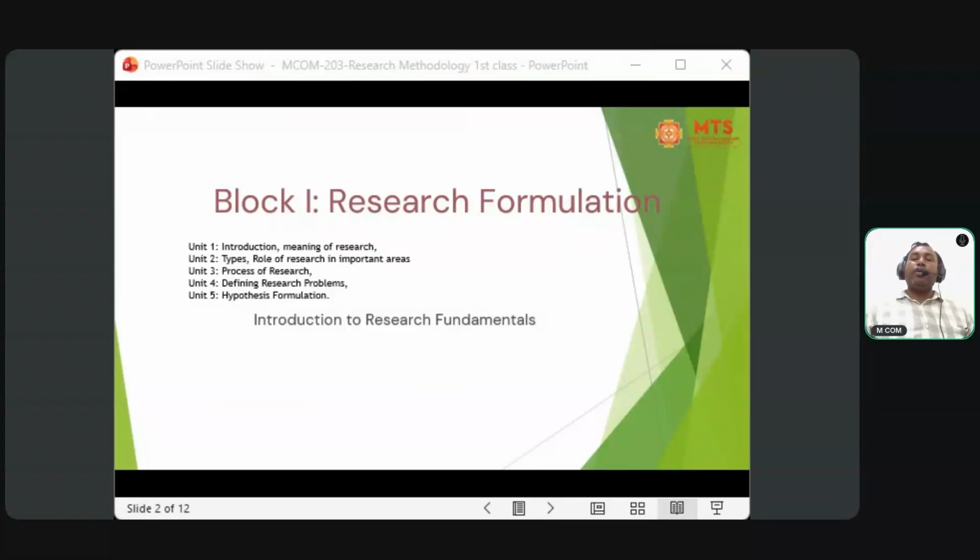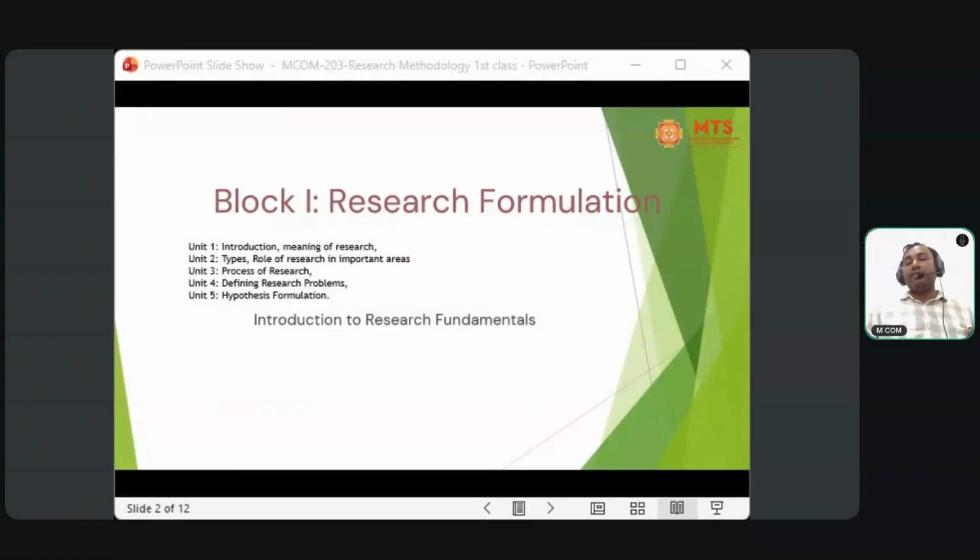Okay, and the importance of research. What is the importance of research? Increasing knowledge, innovation, problem solving, educating and making decisions, enhancing education, promoting critical thinking, encouraging economic development, improving healthcare, preserving cultural legacy, empowering people and communities.